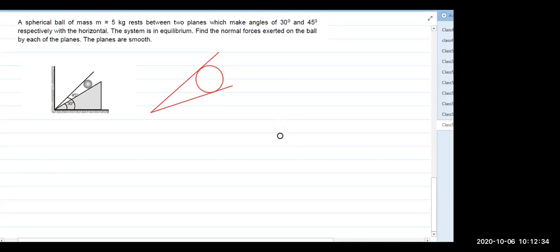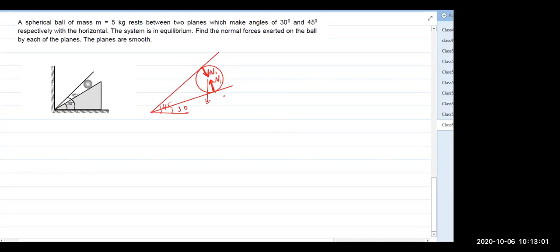So what are the forces? One is normal here, that is N1 suppose. Second is normal here, that is N2. These two are not in opposite direction, they are at some different angle. This is at 30 degree and this is at 45.